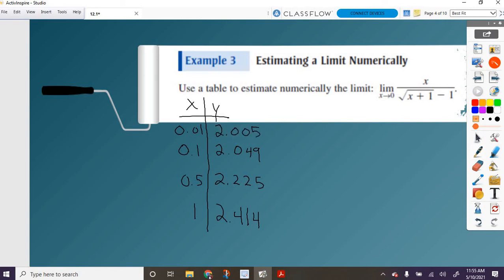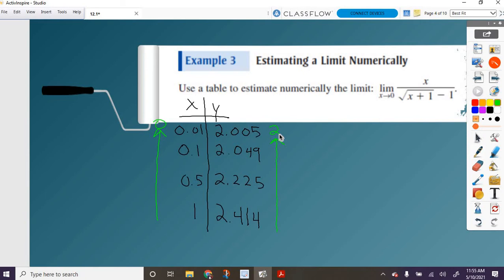Okay. So notice that on the right side, these values of x are approaching 0. I'm getting closer and closer to 0. So what does it look like my y values are approaching? 2. Okay? We all alright with that?